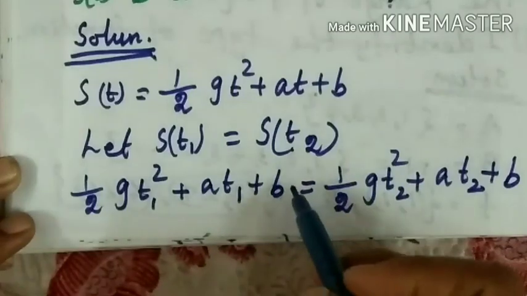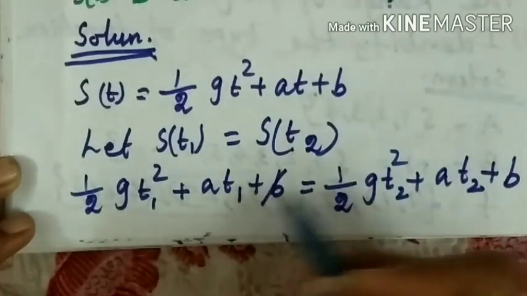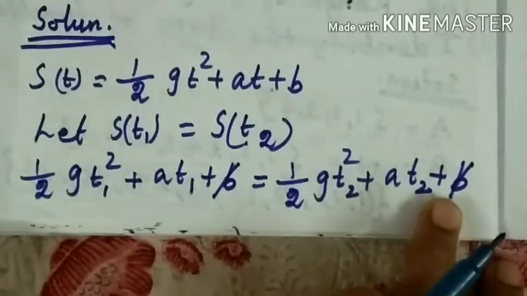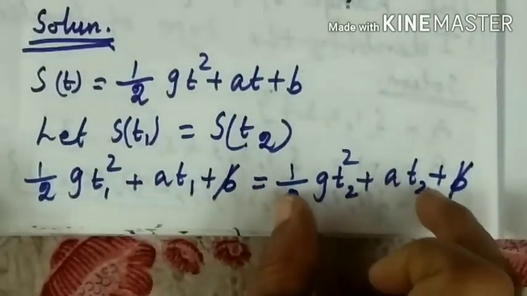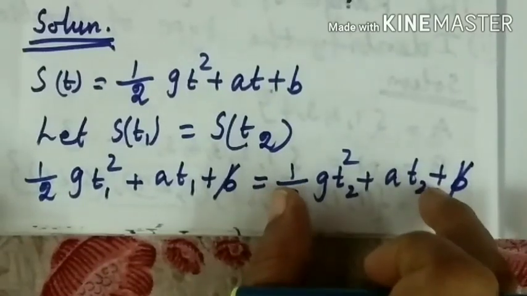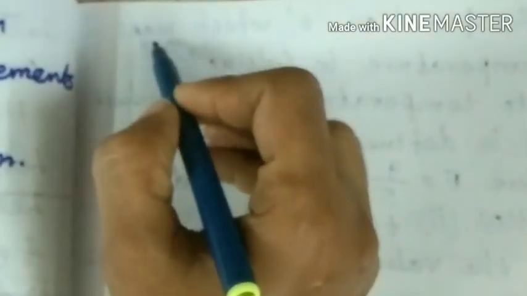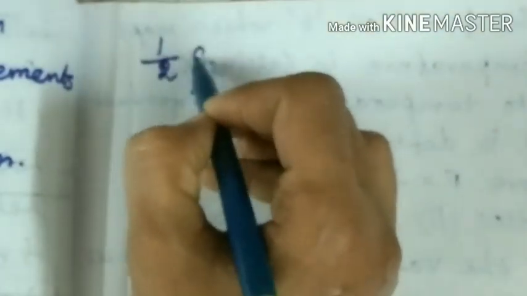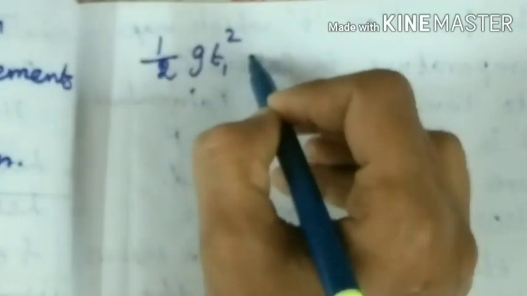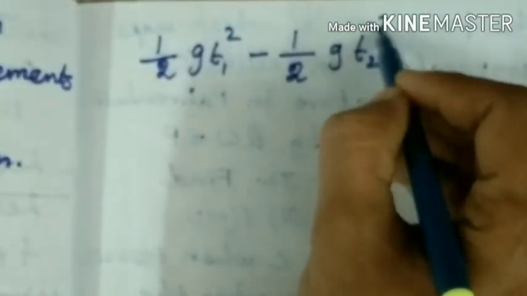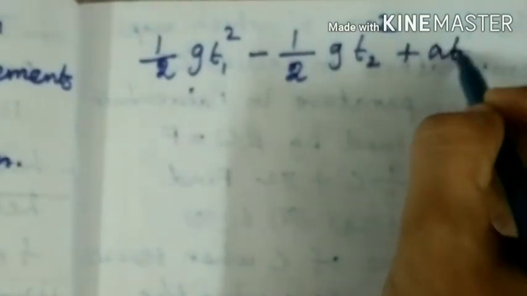So here b is common, so it is cancelled. Next, we have to bring this term before the equal. That is 1 by 2 g t1 squared minus 1 by 2 g t2 squared plus a t1 minus a t2 equal to 0.